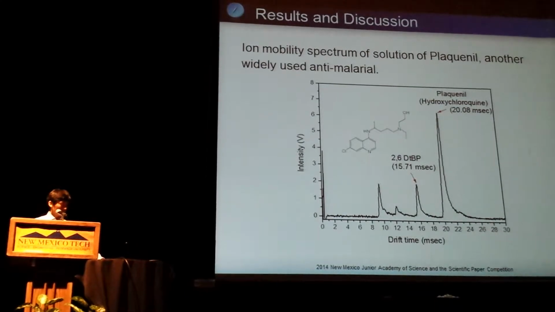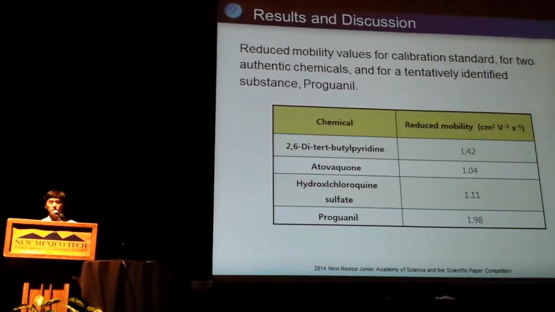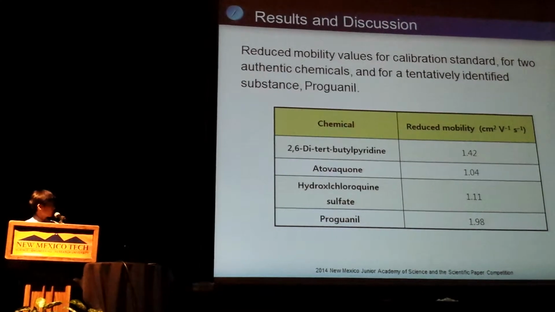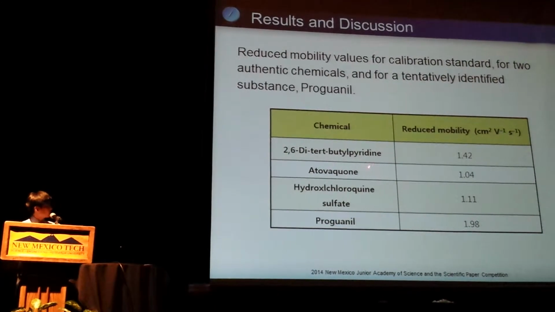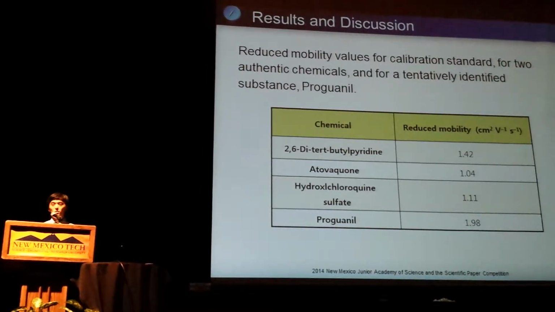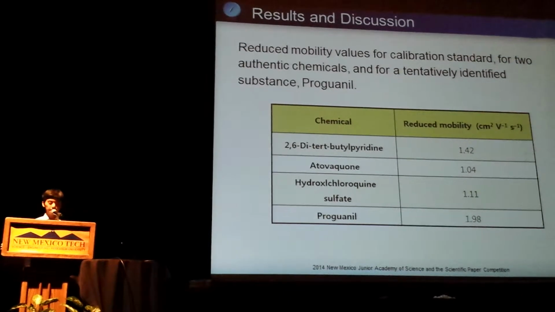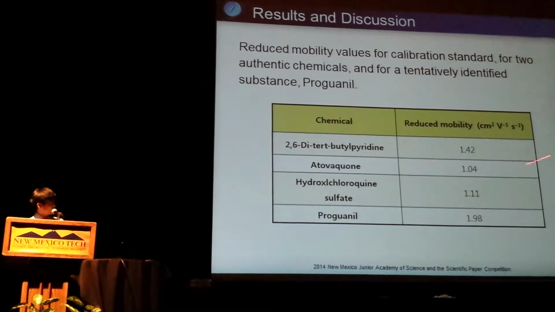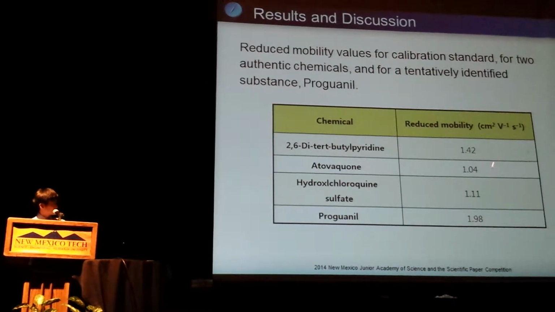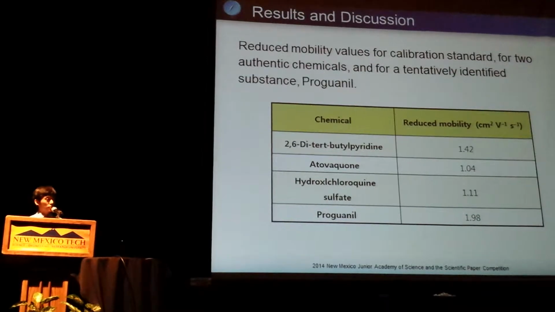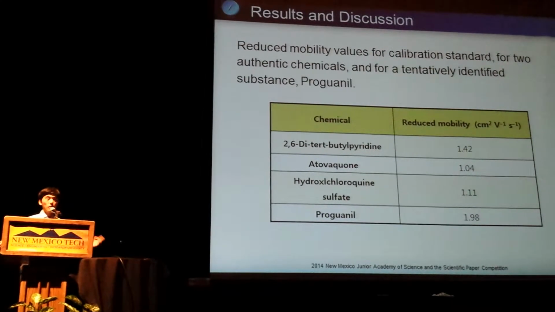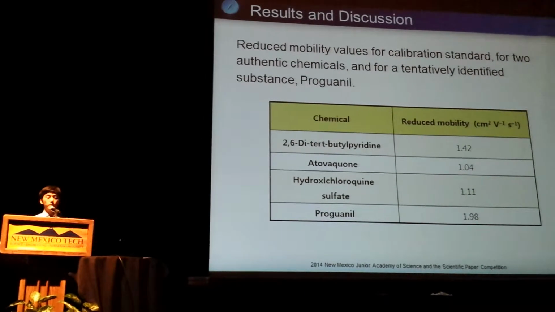With these numbers, I generated this table of reduced mobilities. The 2,6-di-tert-butylpyridine is a standard chemical that's used in many IMS studies. Using this number, I was able to compare it with these other chemicals and generate reduced mobility numbers for the other active ingredients in my experiment.